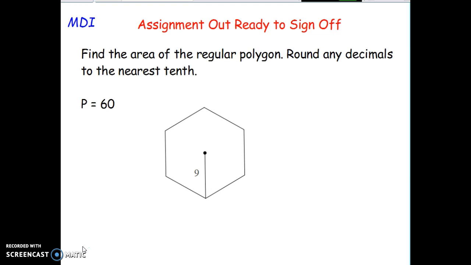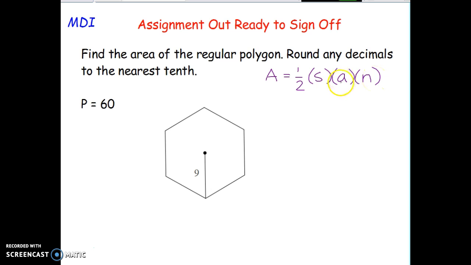So the MDI today is finding the area of the regular polygon again. So just like we've been doing, let's set up that formula first. So remember that S represents side length, A represents the apothem, N represents the number of sides.